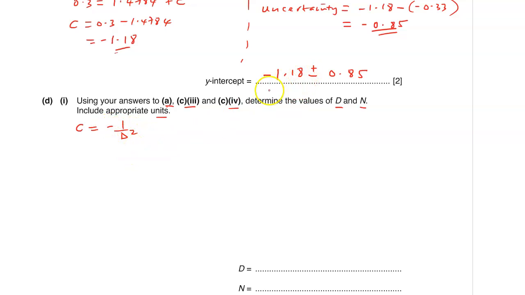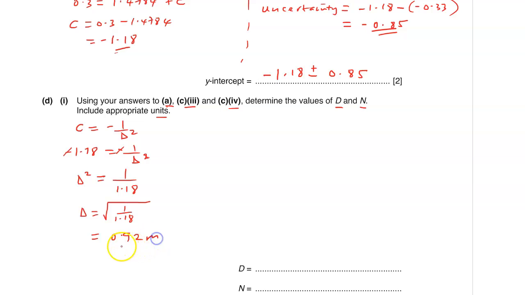We've gotten the y-intercept here, which is minus 1.18, equals minus 1 over D squared. The minus will cancel. So D squared equals 1 over 1.18. Then D would be equal to the square root of 1.18, and you'll find that D is 0.92, and this is going to be meters.